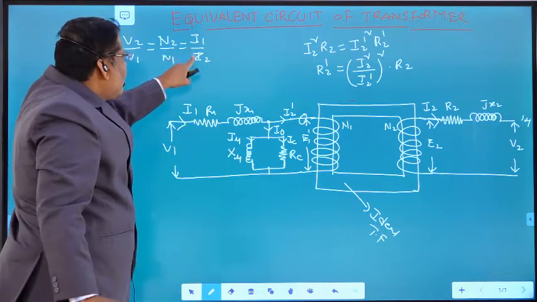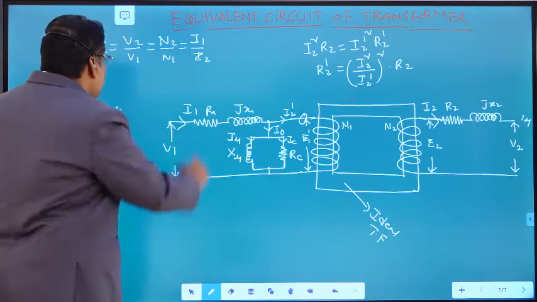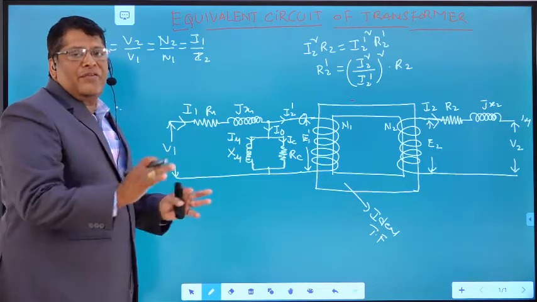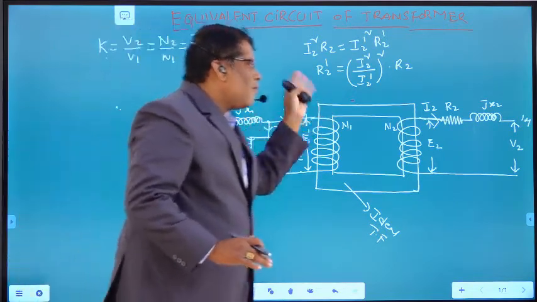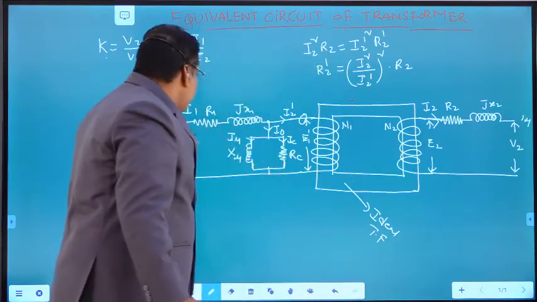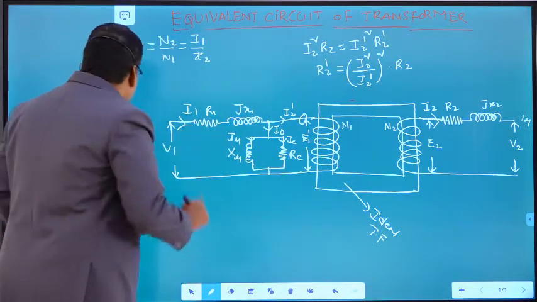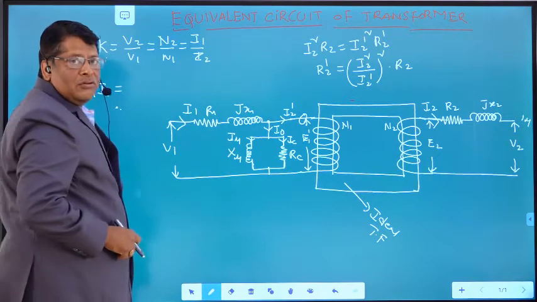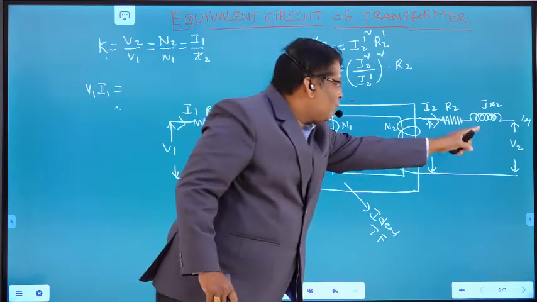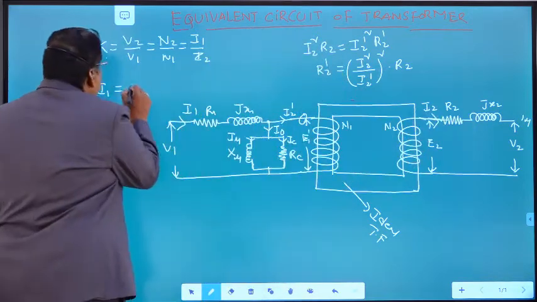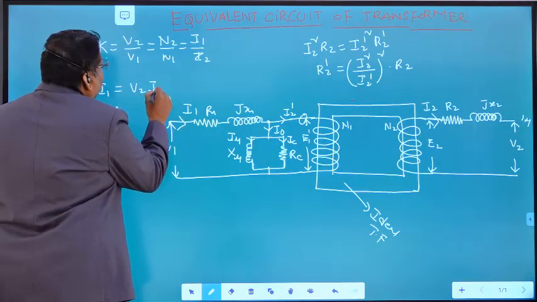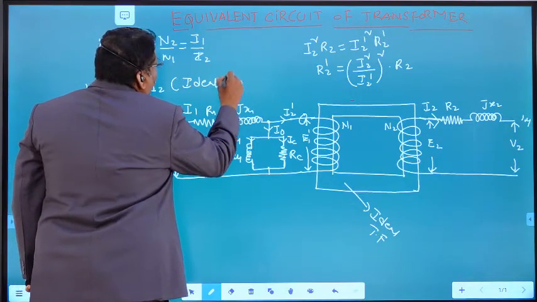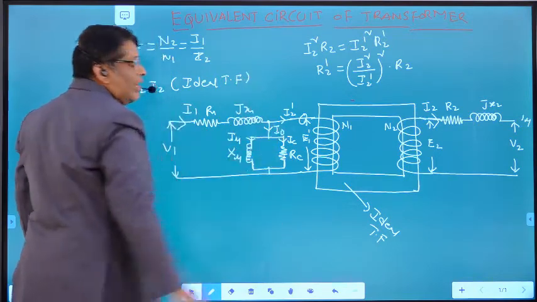How did we get I1 by I2? In an ideal transformer, the same amount of power given to the transformer will be taken by the load. The power input to the transformer is V1 I1, which is equal to the power taken by the load, V2 I2, in case of an ideal transformer.